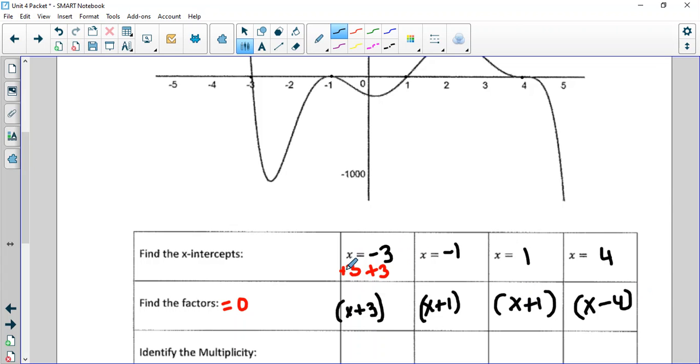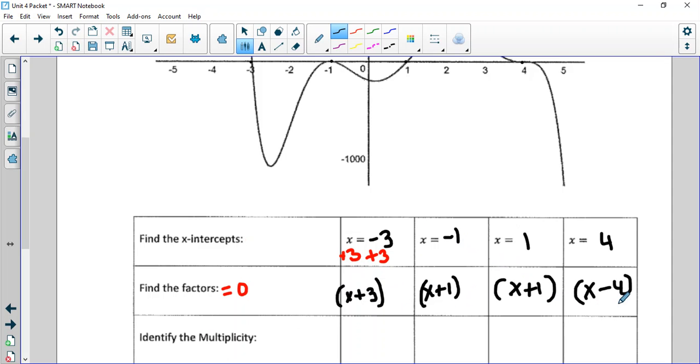The reason is whenever it equals 0, what makes this 0? If I plug in -3 here, that's what makes it 0. And an x-intercept is where your y value is always 0. That's just more information than you really need right now. But anyway, these are the factors at these x-intercepts.